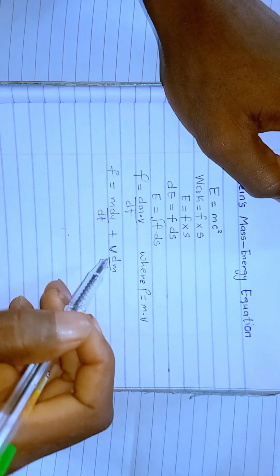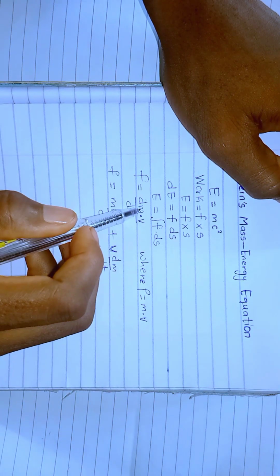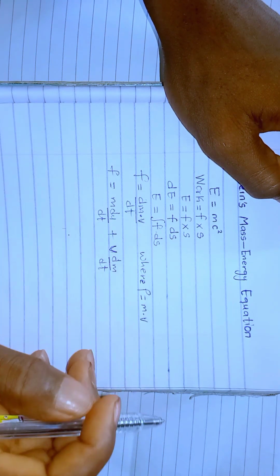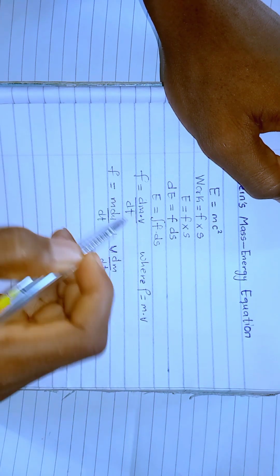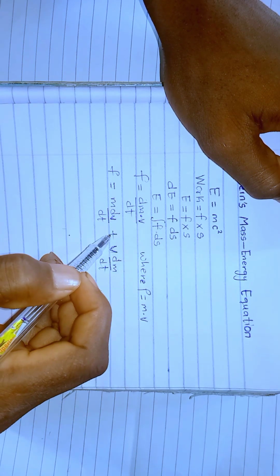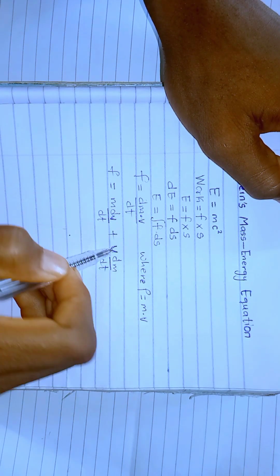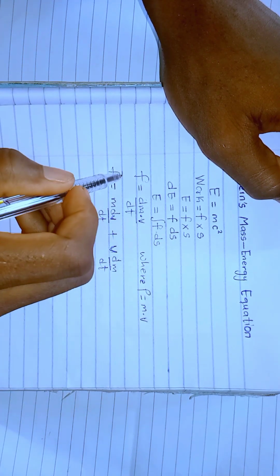From the concept of the product rule, we are differentiating two functions multiplying each other. It will be: keep the first function, differentiate the second one, then keep the second function and differentiate the first one. We arrive at this.